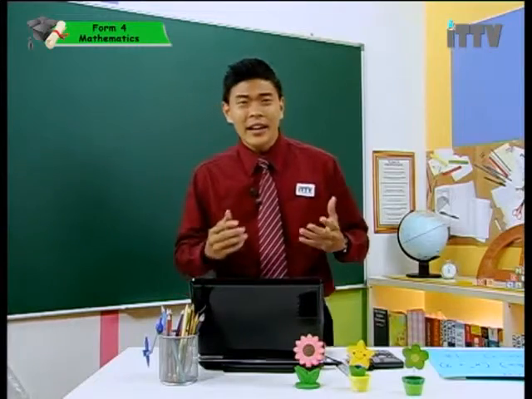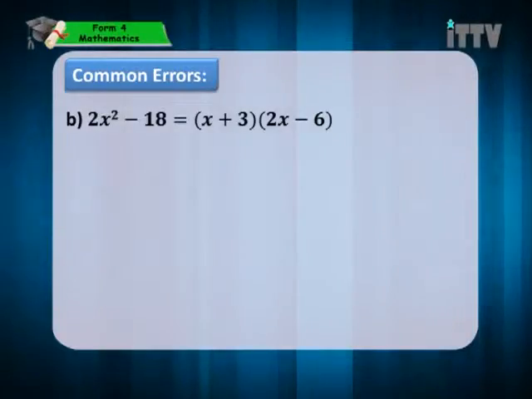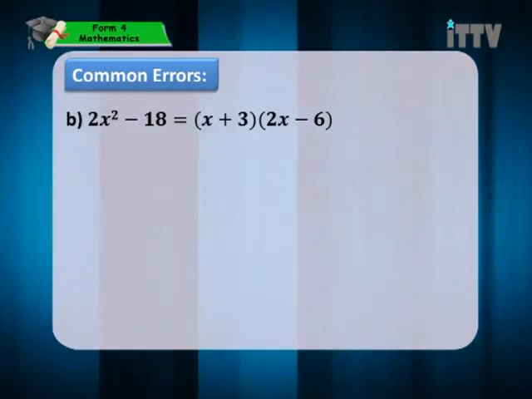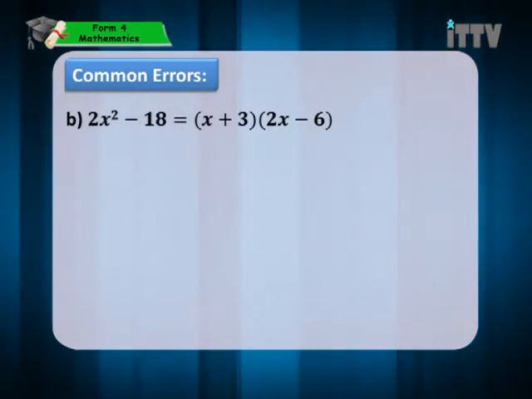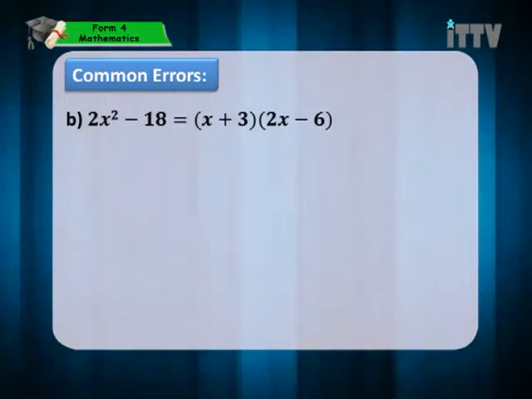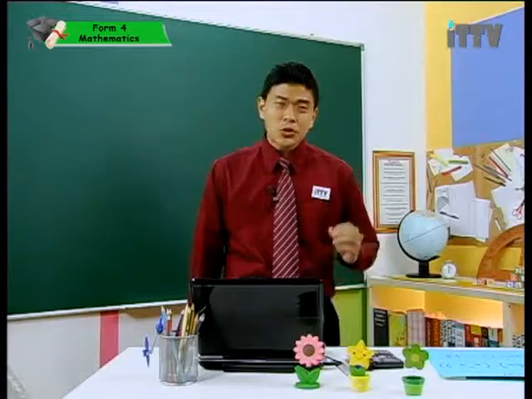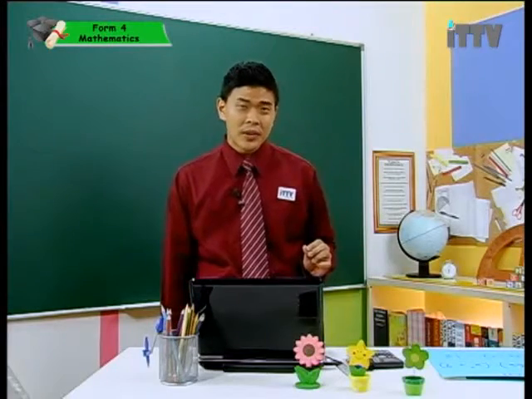Let's look at another common error that is quite commonly made. In B, 2x squared minus 18 is factorized to become x plus 3 and 2x minus 6. I'm sure you already have an idea what is wrong with this factorization.